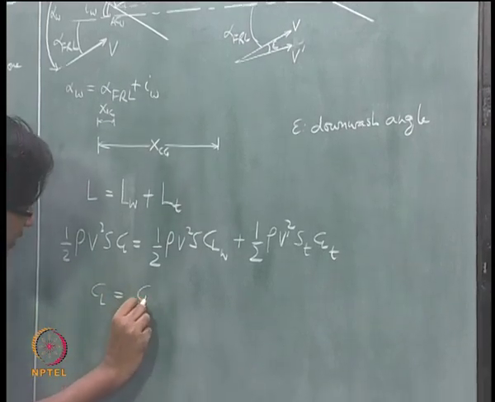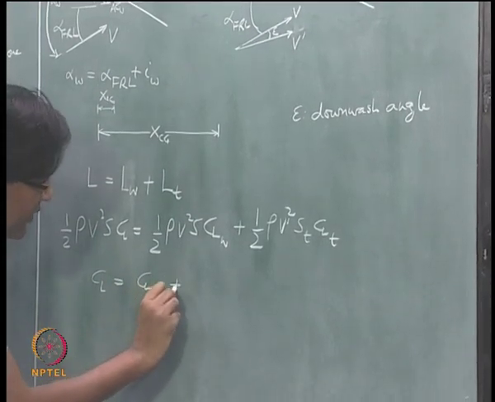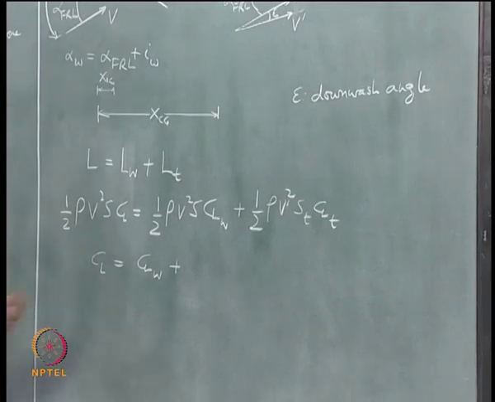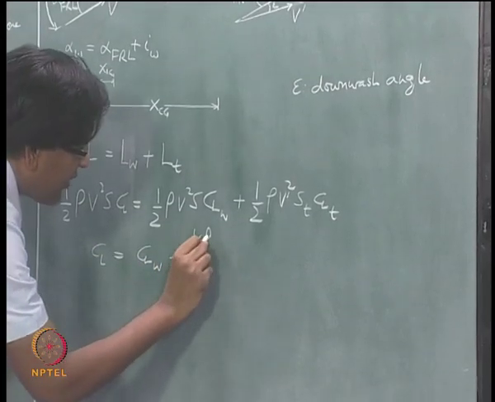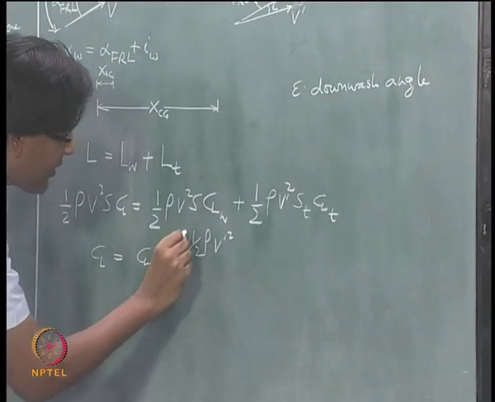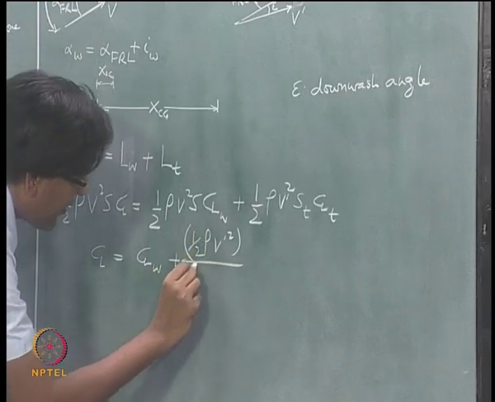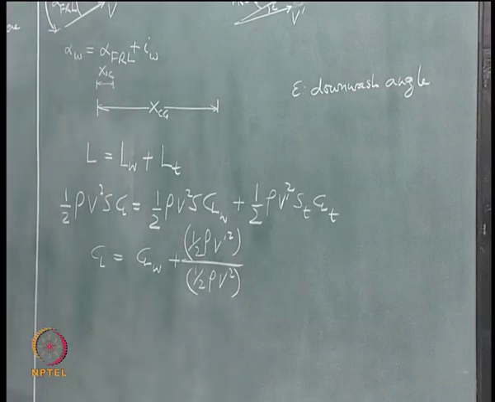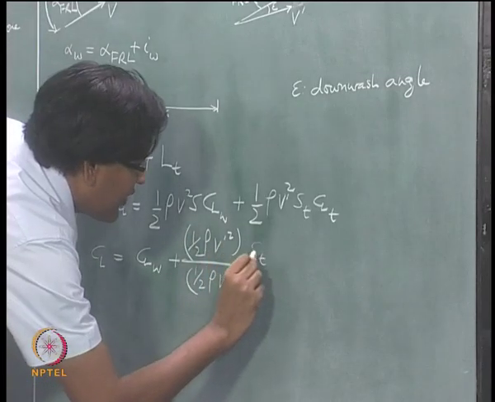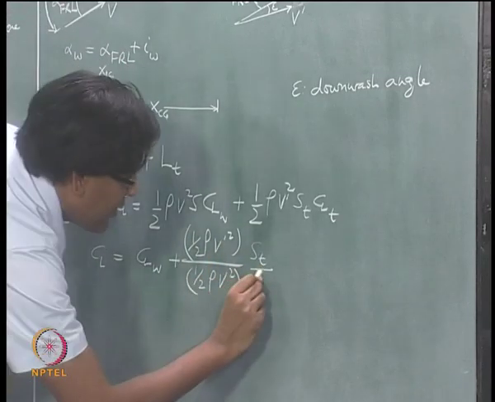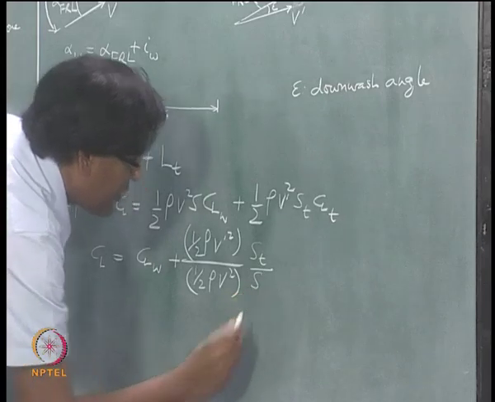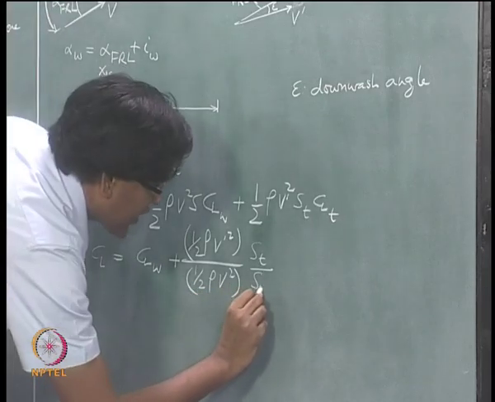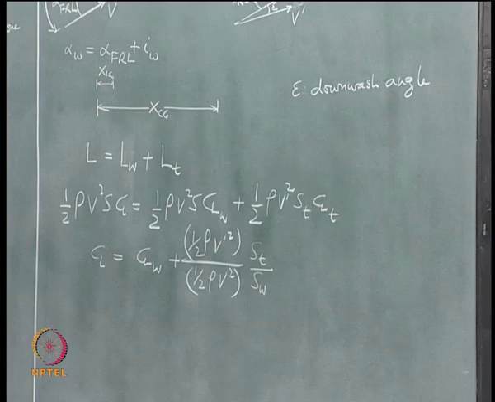So, you get, okay, you can also write this as SW, because the wing planform area is the one which I am using as a reference area, right.